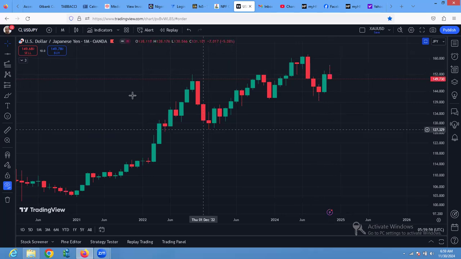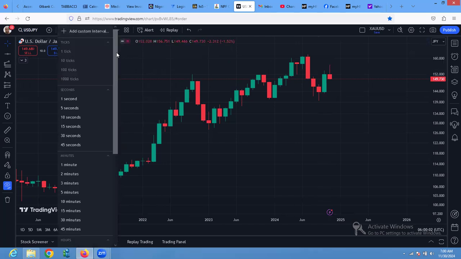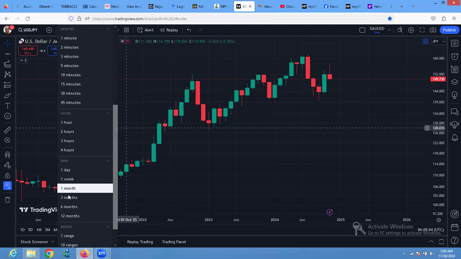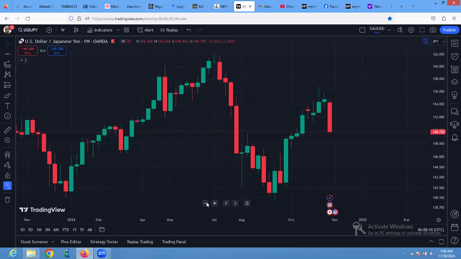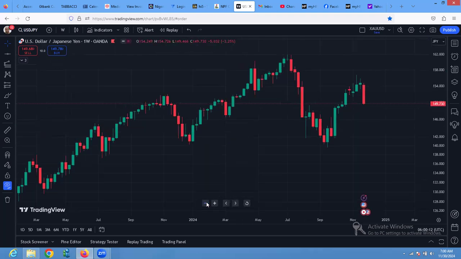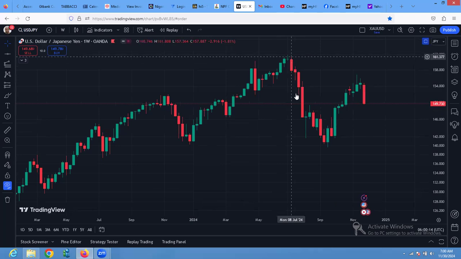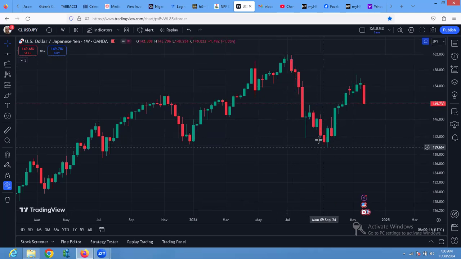Now, turning to the weekly time frame. So we had seen this part of an A, and I'd explained all this scenario around this area.